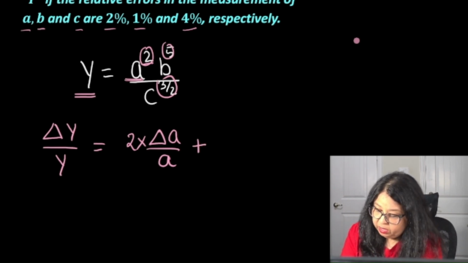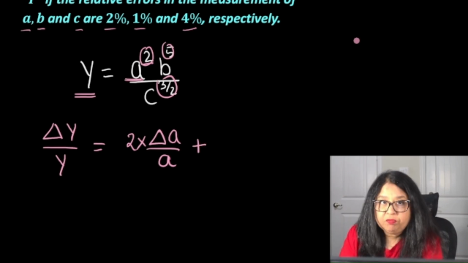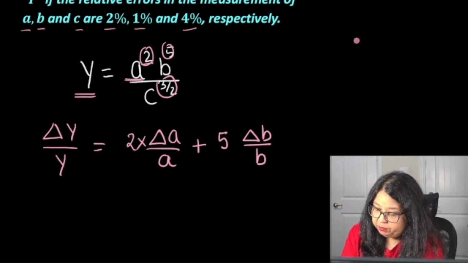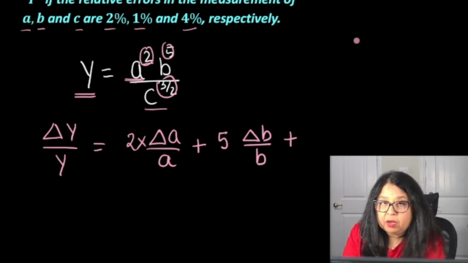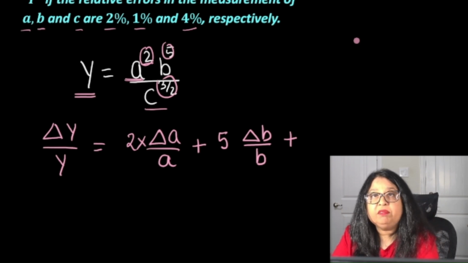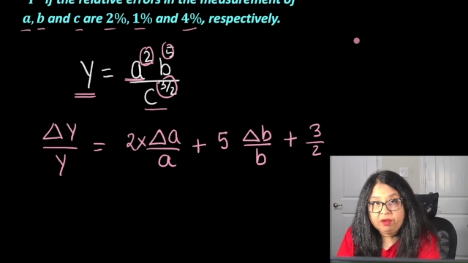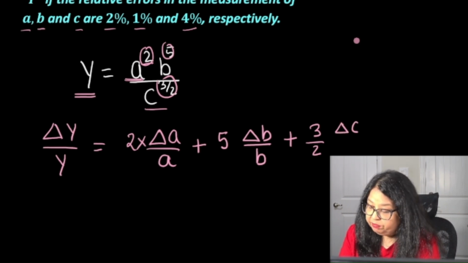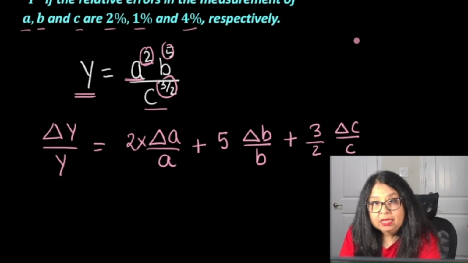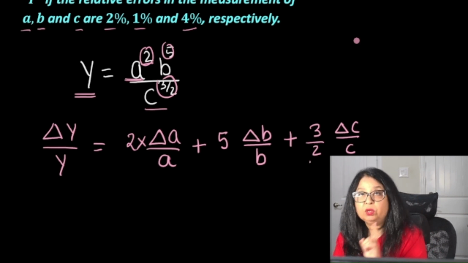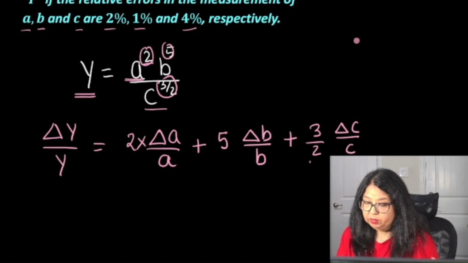In the same way, this B to the power 5 becomes the coefficient times the relative error in B, plus, even though this C, when it comes upstairs, its power becomes negative 3/2, when the power goes over here as the coefficient of the relative error in C, it comes as a positive coefficient, not a negative coefficient.